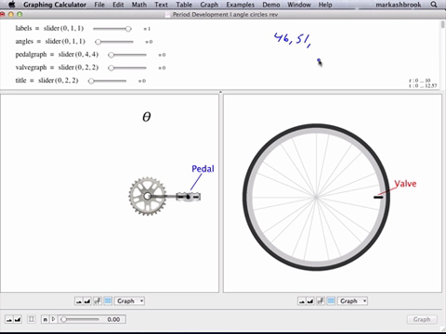What other suggestions? 49? 46. 46 and 47 are what you gave us. 41, 51.